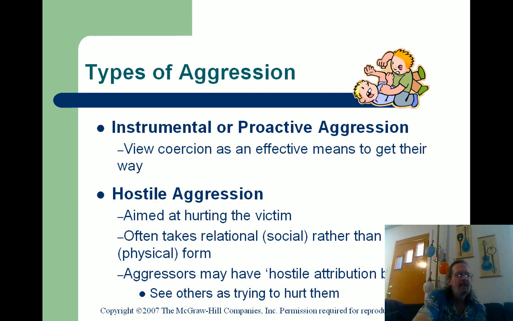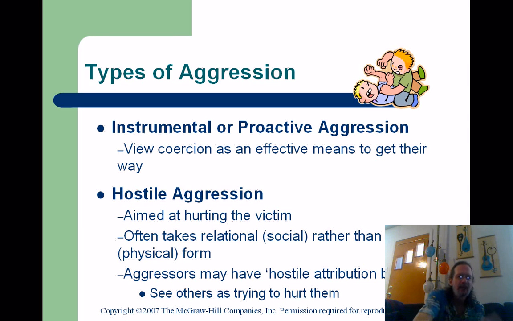And what we see in people who are aggressive is they generally, if they're not exactly sure why somebody does something, they're going to see it as an attempt to hurt them, to use them, to abuse them, and that's what the hostile attribution bias is.